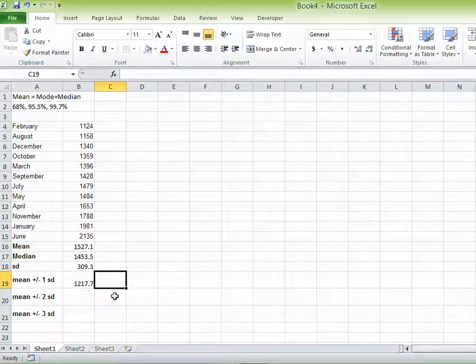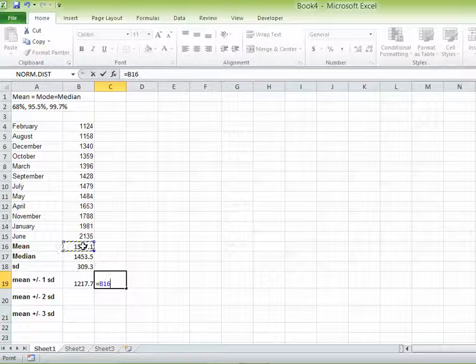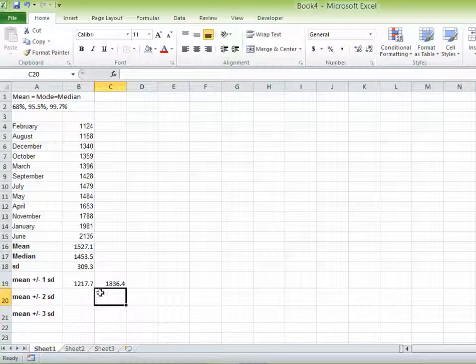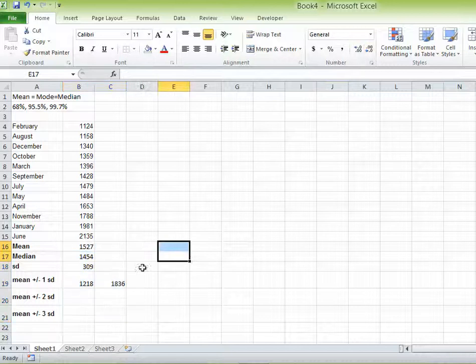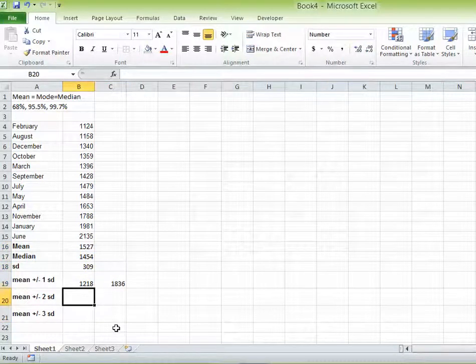Over here, I'm going to put the mean plus standard deviation. And there we go. The mean plus or minus 1 standard deviation is a range from 1217 up to 1836. Simple enough. Let's do the mean plus or minus 2.